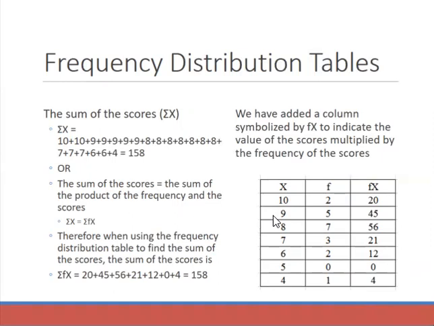So the sum of X equals the sum of F times X. So when you're using a frequency distribution, you can multiply the frequency by X for each one of your X values, and then we can add together F times X. Okay, so we've got this new column here that is F multiplied by X.